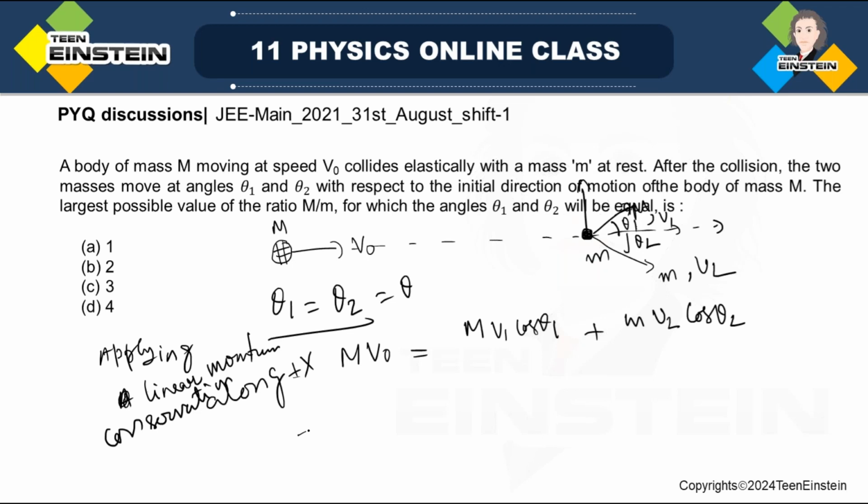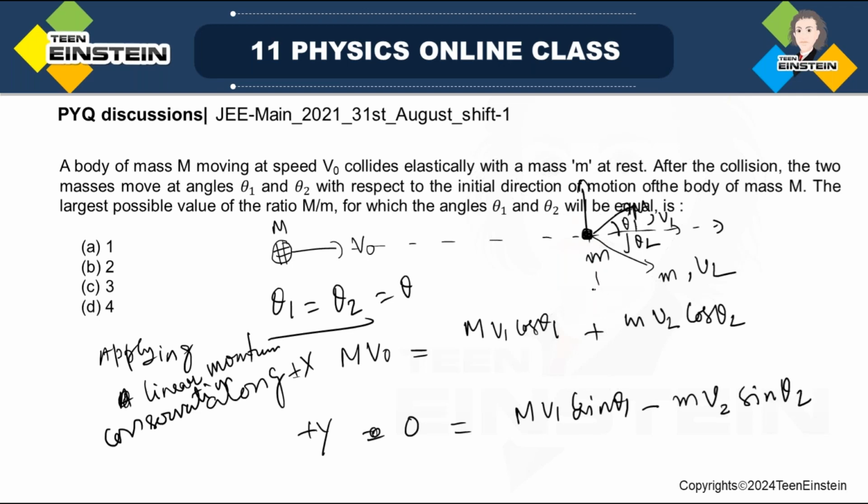Now along the y direction, what will be the initial momentum? That is 0. Final momentum will be mv1 sin theta 1 minus small m v2 sin theta 2.